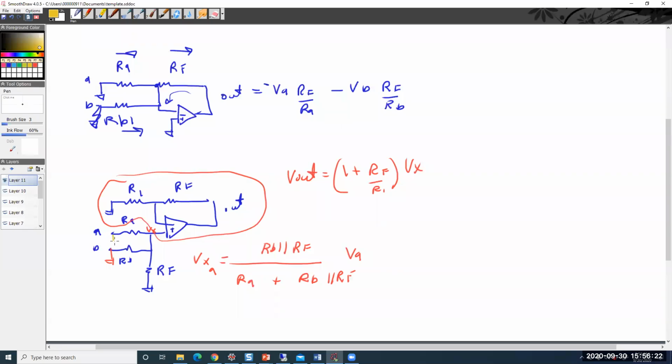All right, do superposition the other way, and Vx due to B is now, remember, this is the input, this is to ground, and so now RA and RF are in parallel.